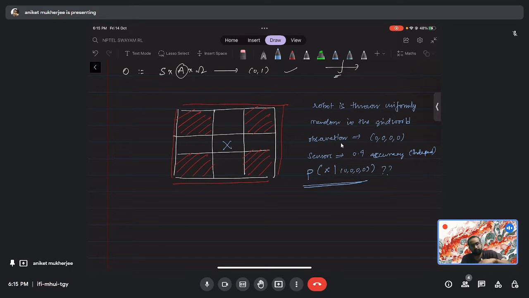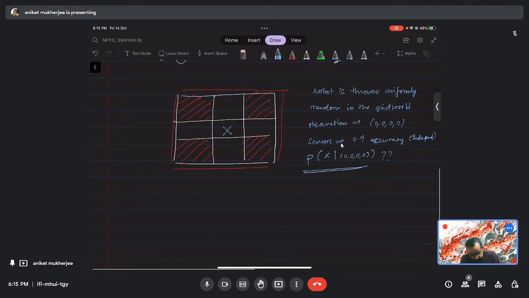What is the probability that I'm at X? I'm not sure. Okay, we can do it simultaneously. Try to think what would be the first step. Given a conditional probability, what first comes to mind?